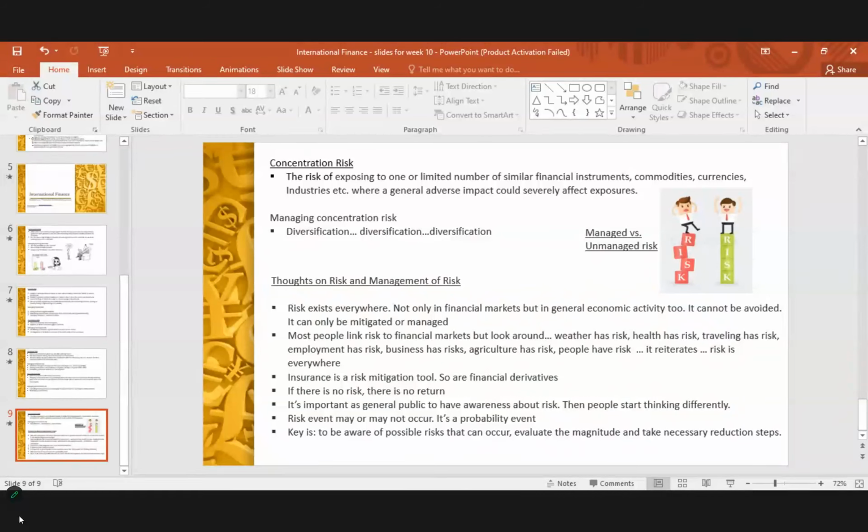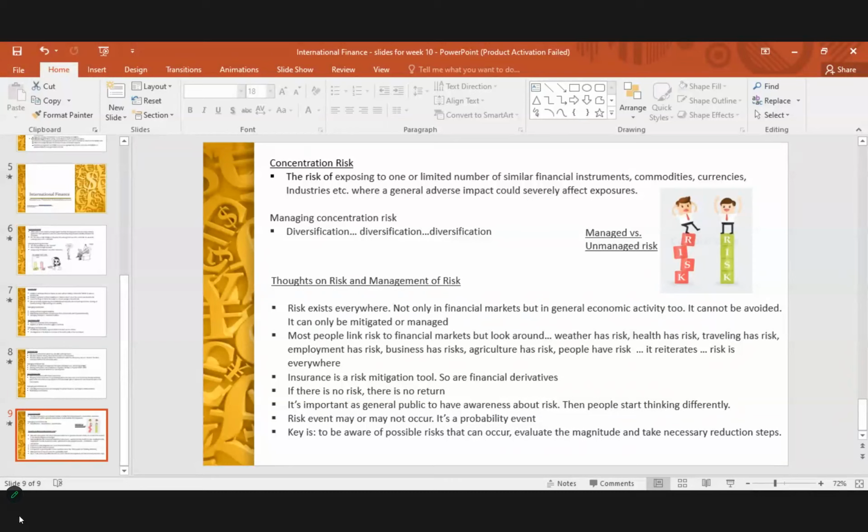That's risk management. Similarly, extended to financial risk, you avoid going through ungodly places. You stick to your safe passage in financial transactions also. Right? That's what you need to do. Most people link risk to financial markets, but look around. Weather has a risk. Health has a risk. Traveling has a risk. Employment has a risk. Business, agriculture, people. We all have risks, but it's basically managing.